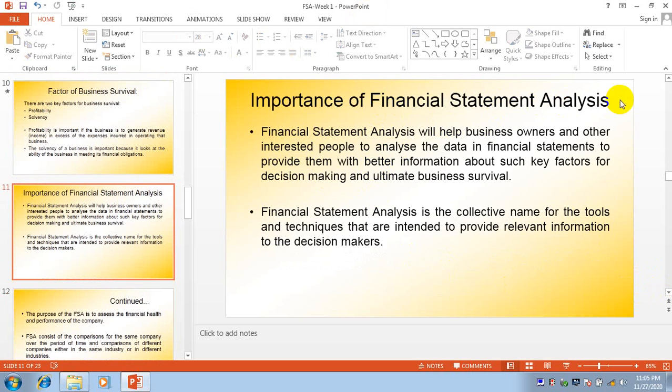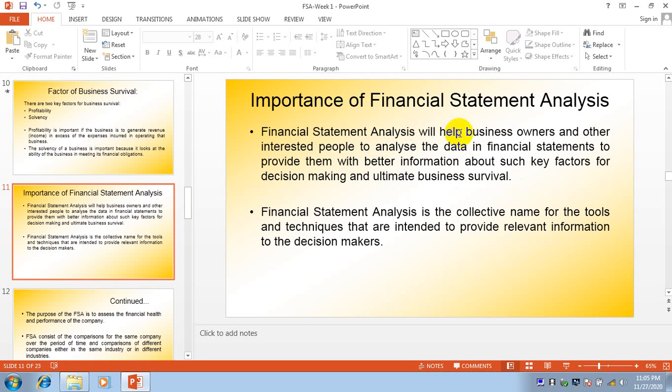Importance of financial statement analysis. So why is financial statement analysis important?